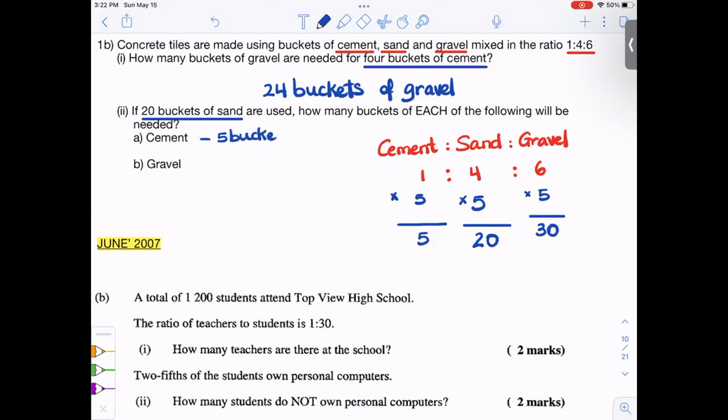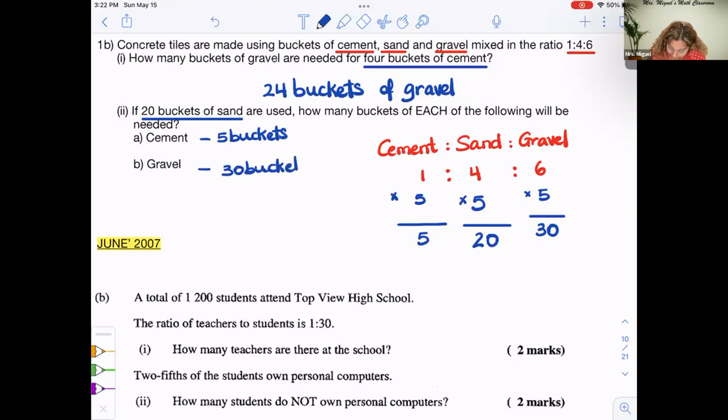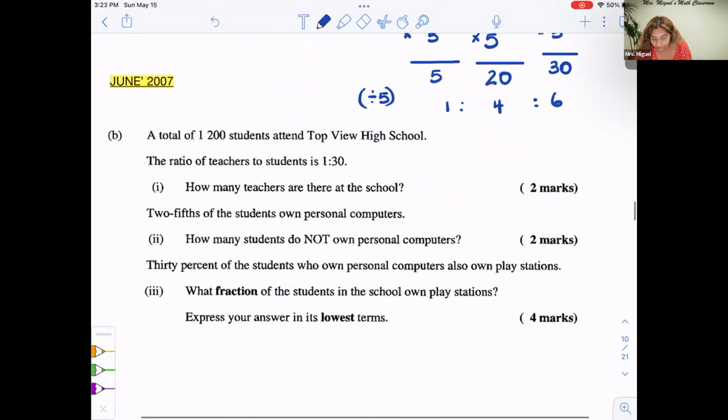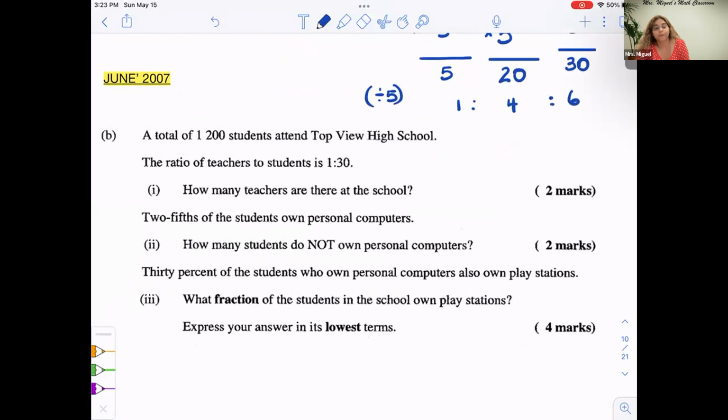Now what I want to show you is that if I divide by 5, I will get back my ratio 1 to 4 to 6. All right, so let's continue. So take a few minutes and see how much you can complete from this question.